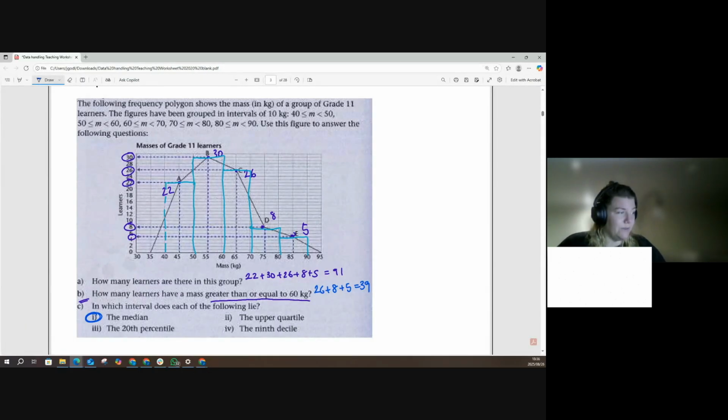Remember, look for the position, and then think about where that would fit. Let's see if we get a few more answers.